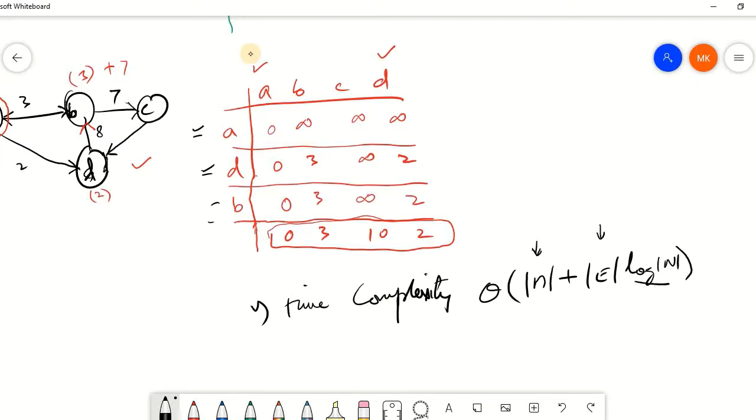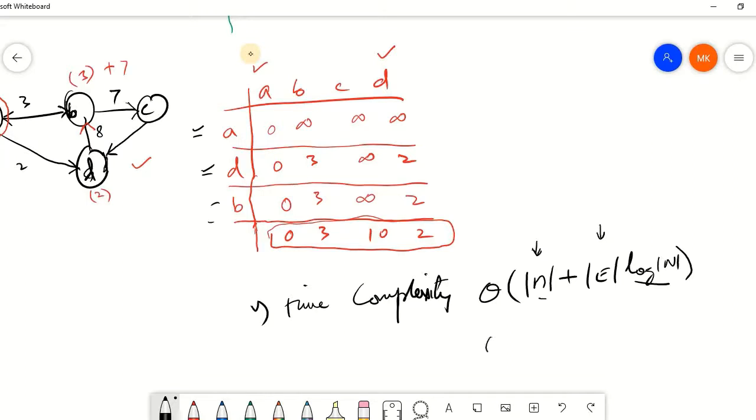And this log n part comes from the selection or search algorithm of picking the node with the smallest value, because each time we have to pick a node, first we have to look for a node with the smallest value. So this is basically representing that search algorithm. So that's why our time complexity consists of the number of nodes plus the number of edges multiplied with log of the number of nodes. So it's a log linear time complexity.